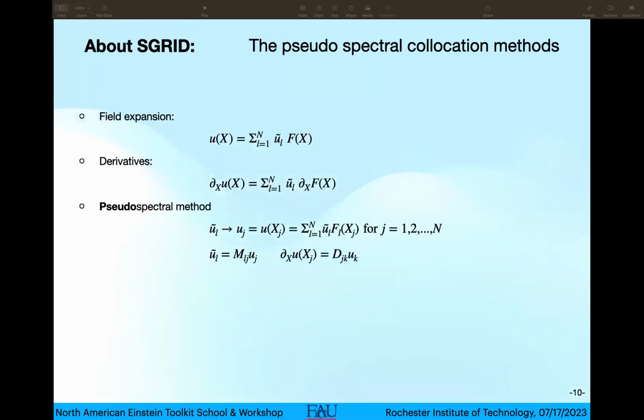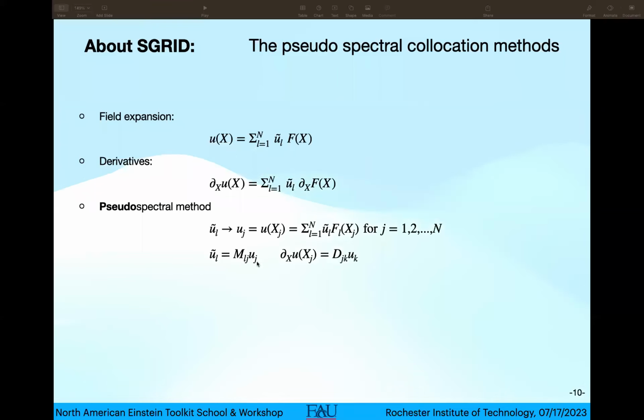So it will be in case of the spectral code. S-grid is a pseudo-spectral code because instead of the original values of the coefficients, we need them in the places where the S-grid has grid points. So we prefer to calculate the values of these coefficients at our grid points, but it's still not a big deal.